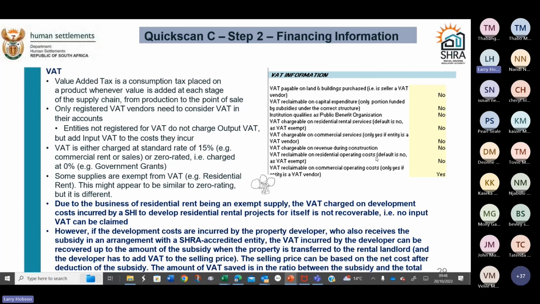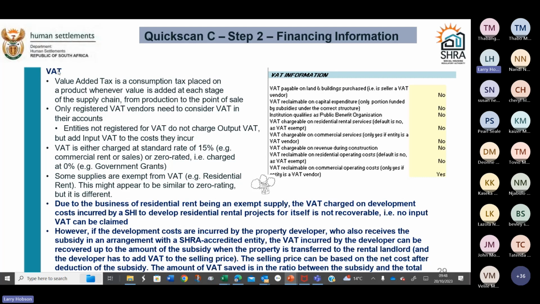VAT reclaimable residential operating costs? No, that would always be no. VAT claimable on commercial operating costs? Yes, but you would have to define those commercial operating costs in the inputs that you provide. Okay, so those are how you answer the questions in the top right.